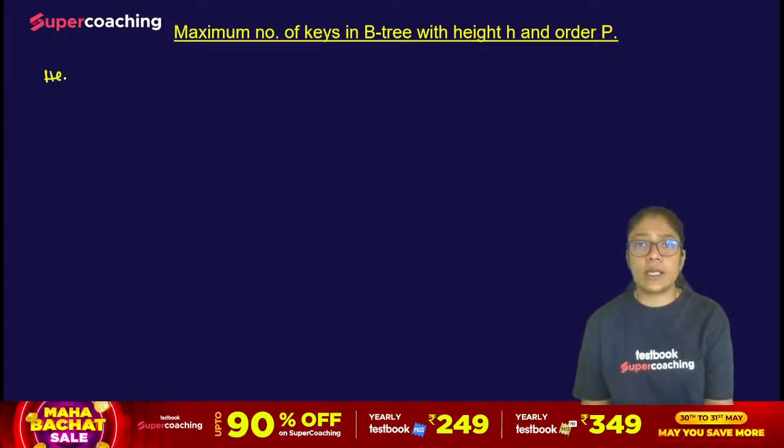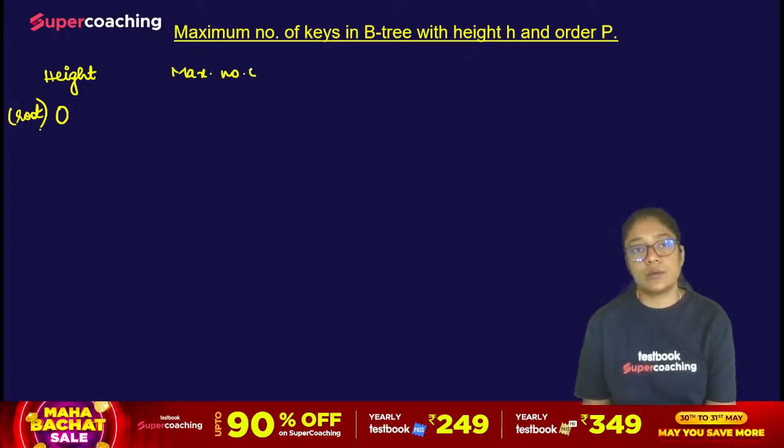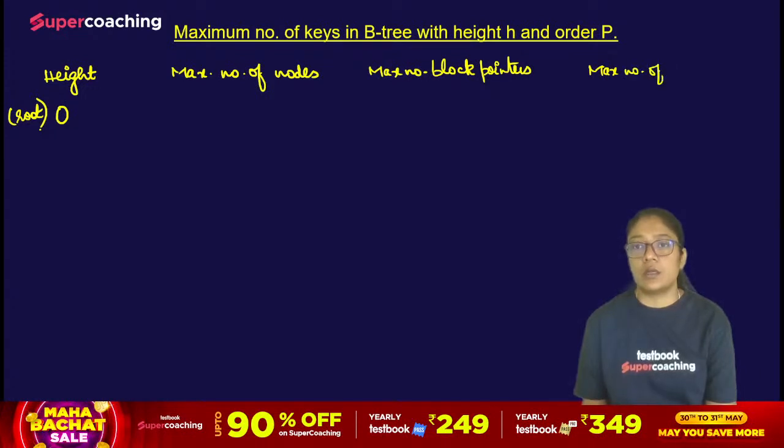So here also we'll consider the height. 0 means we are talking about the root node, and we want the maximum number of nodes, maximum number of block pointers, and maximum number of keys.